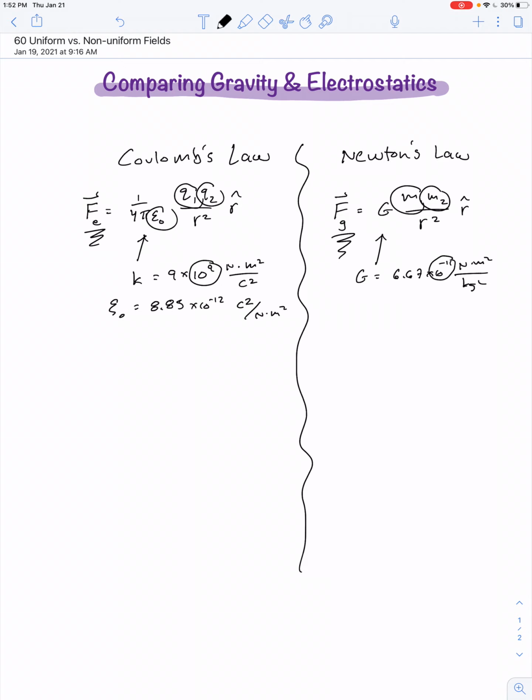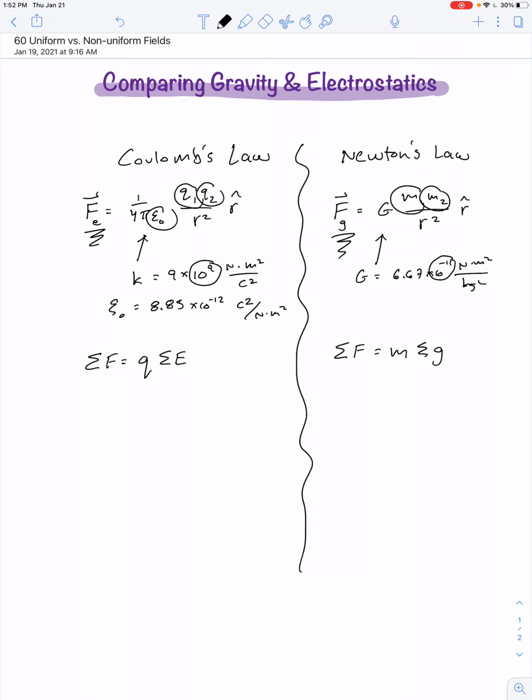You've also seen probably the similarity between these equations. We can find the net force on an object if we multiply that object's charge times the net value of the electric field wherever that charge is located. In the same way, we can find the net gravitational force on any massive object if we multiply times the net gravitational field.